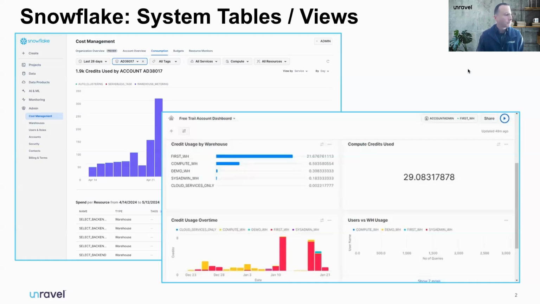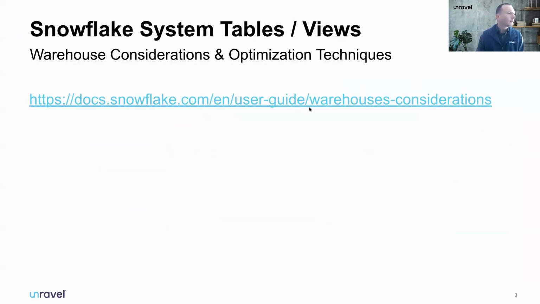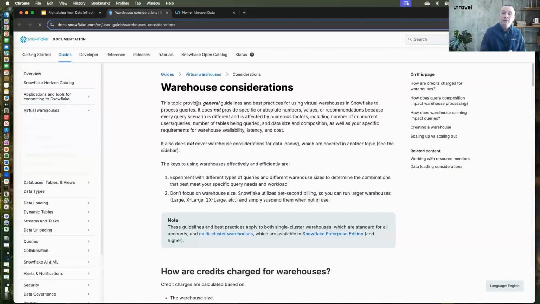So first, and I'm providing the link for you here as well. Let me click on this link and take a look at what Snowflake provides as some things to keep in mind, some best practices, especially when we're talking about optimization.